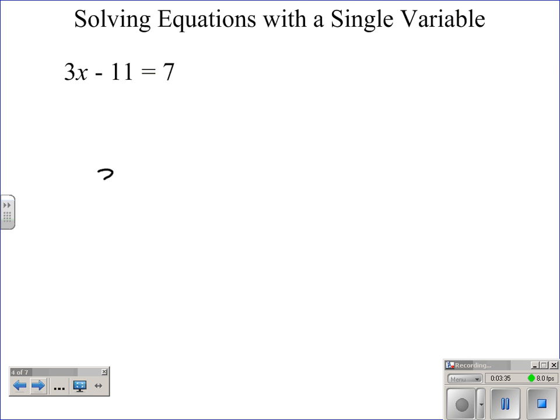The expression 3x equals 18 is equivalent to the original equation because 18 minus 11 is equal to 7. The way we show what we did can be different.